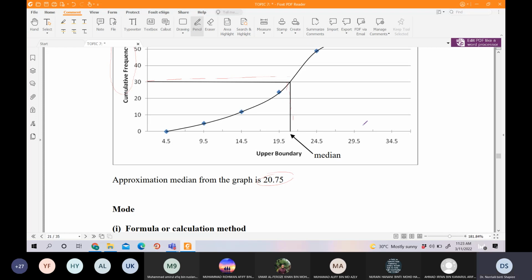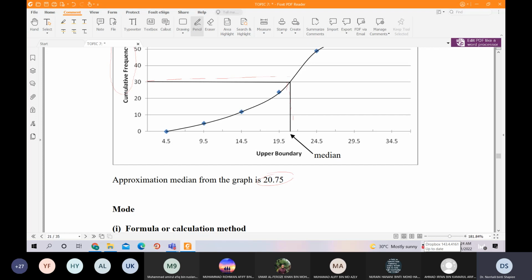Arif Hafizi? Which one is better, the graphical or the calculation method? Calculation is more accurate. Yes, calculation is more accurate compared to the graphical.